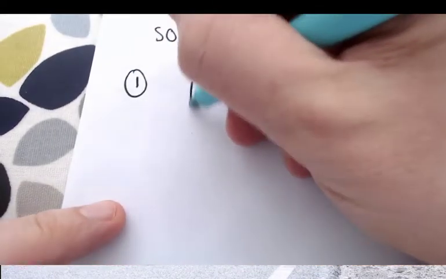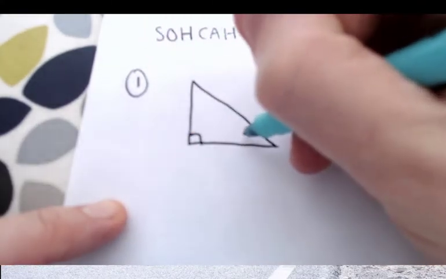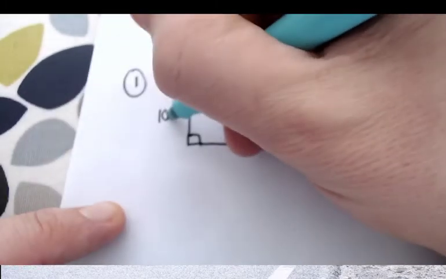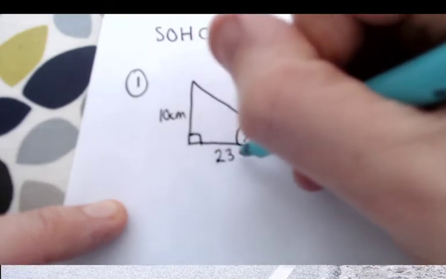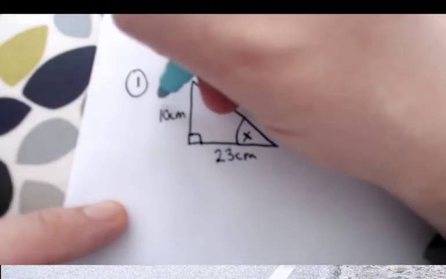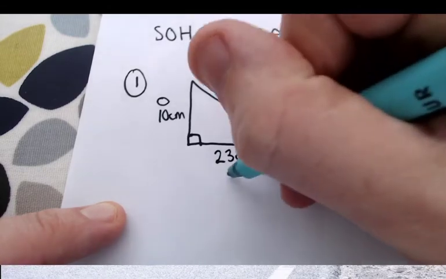So if we look at the first question, we're going to have a right angle triangle. The angle I'm trying to calculate is down here, and I'm going to say that this side is 10 centimetres and this side here is 23 centimetres. As always in these questions, the first thing we need to do is label our sides. So opposite, hypotenuse, adjacent.